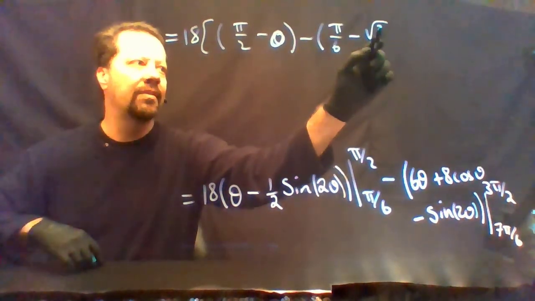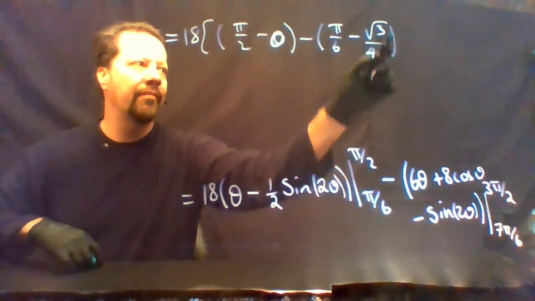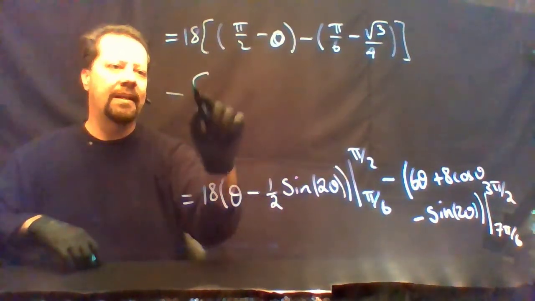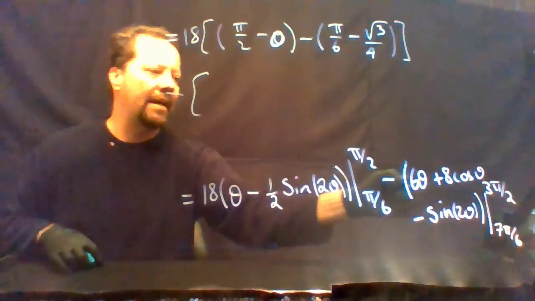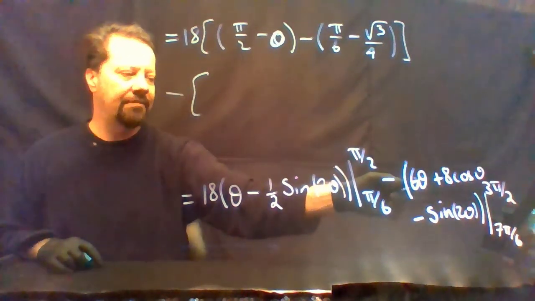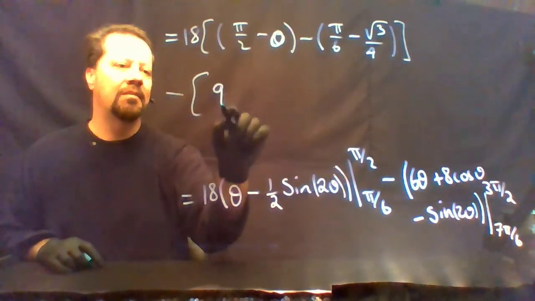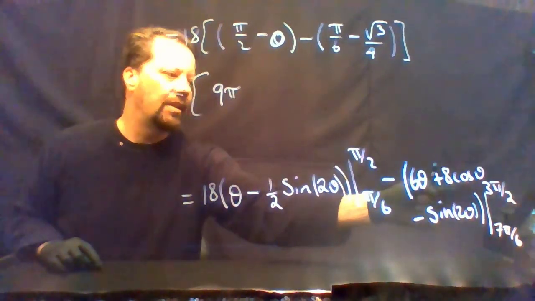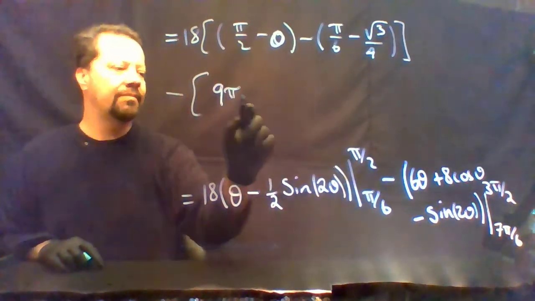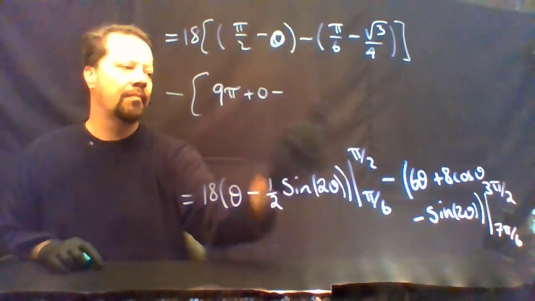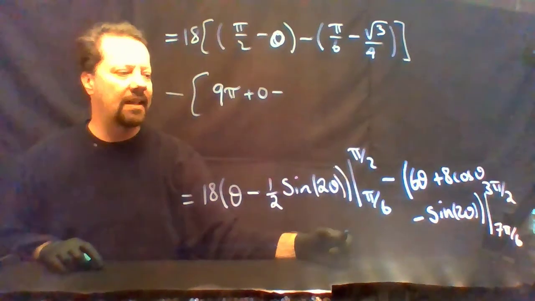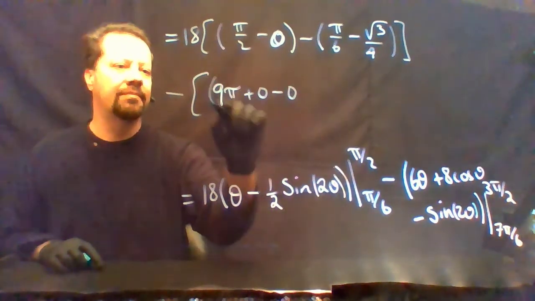We'll have minus root 3 over 4. That's minus, plugging in 3 pi over 2, we'll have 9 pi, because the 2's cancel. The cosine of 3 pi over 2 is 0. 2 times 3 pi over 2 is 3 pi. Sine of 3 pi is 0.